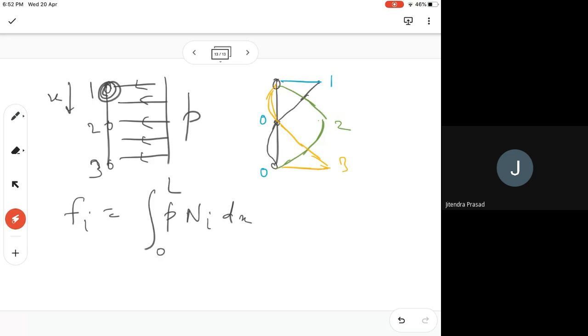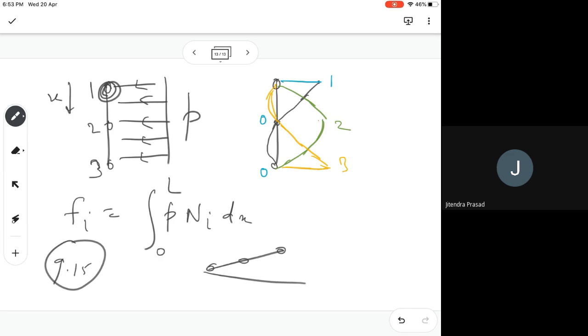Yeah, so any question, guys? Okay. So do it yourself, if you face any problem, just let me know during the class, or send me an email. And 9.15, it is about the 3D problem, sorry.